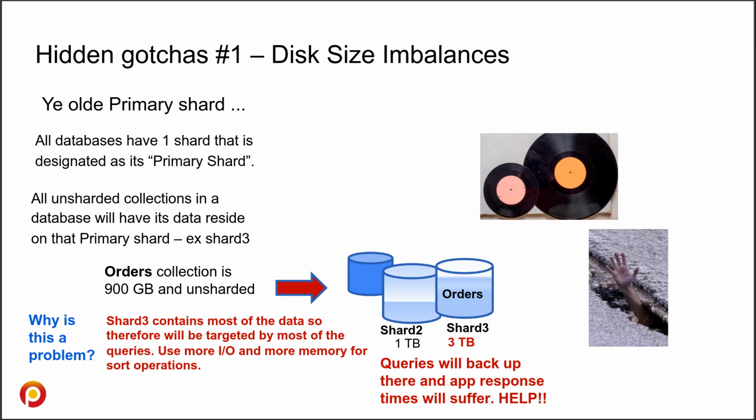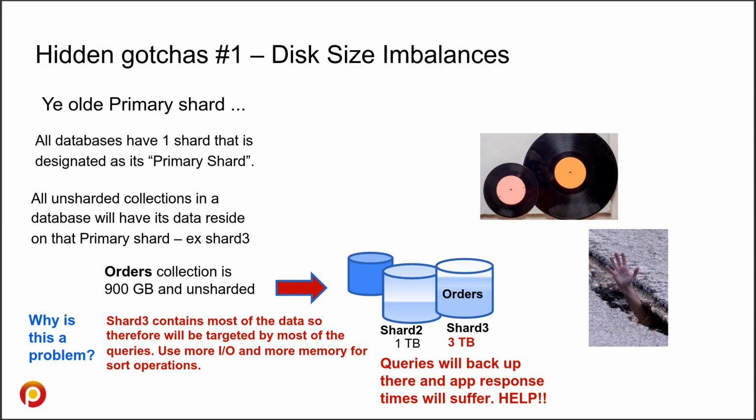So if you have 150 unsharded collections, they're all going to go on, for example, shard 3. But your sharded collections, say you have 20 of them, those will be divided across your 3 shards, for example. So say you have an orders collection, and somehow it's grown to be 900 gig, and it's still unsharded.